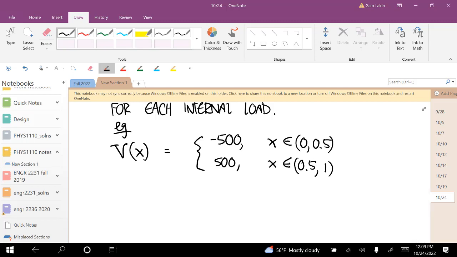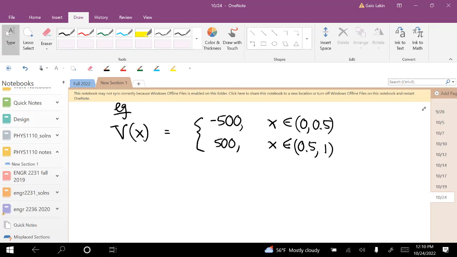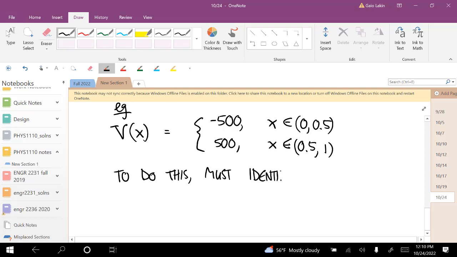Where are the breaks in these piecewise functions? To do this, you have to identify the places where these subfunctions can change. You know that negative 500 there is a subfunction, the positive 500 is a subfunction. So we have to find the places where the subfunctions can change.